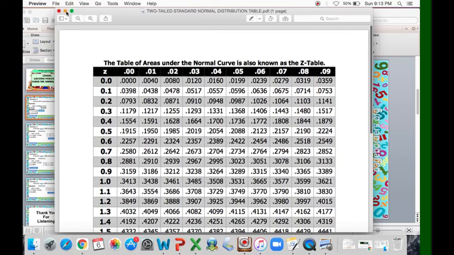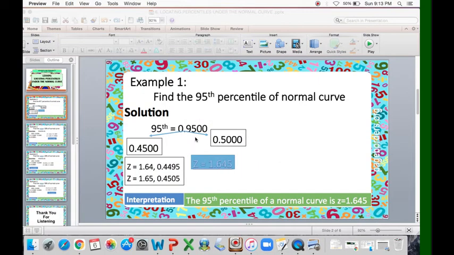Okay. So since 0.95 is greater than 0.4999, we will subtract it from 0.5000 and we will have 0.4500.